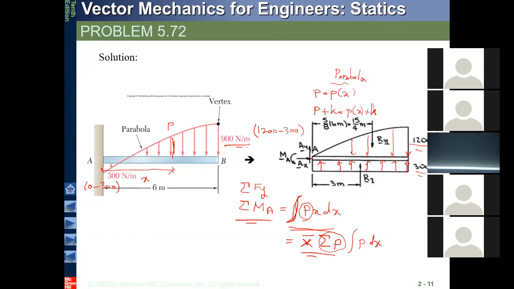So then if you sum these two forces, you're going to get this, because the shape is still the parabola and the end points are the same. The end point here is 900 on point B and minus 300 on point A, and you still have the shape of a parabola. Is that clear? Any question? No questions?